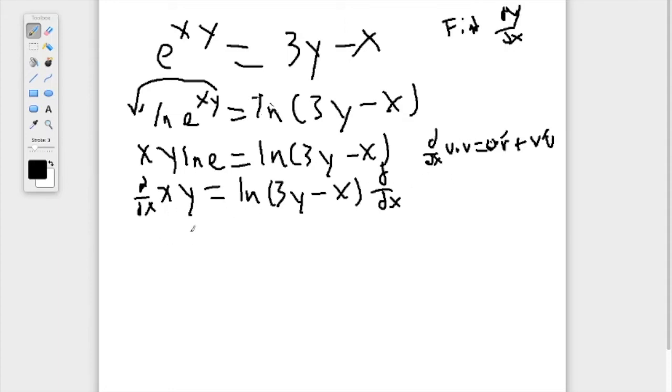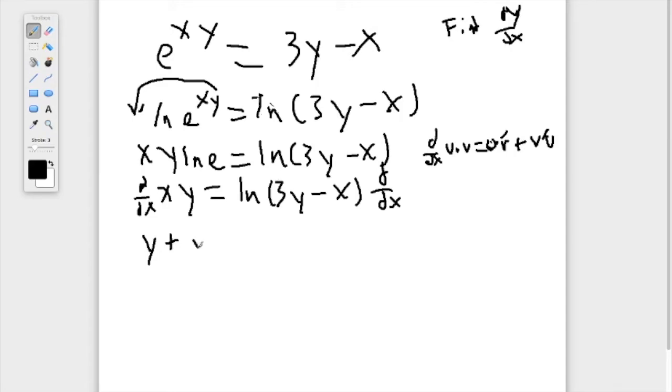The derivative of x is just 1, times y is y, so that's y, and then plus x times the derivative of y, which would be 1, so x times 1 is x.